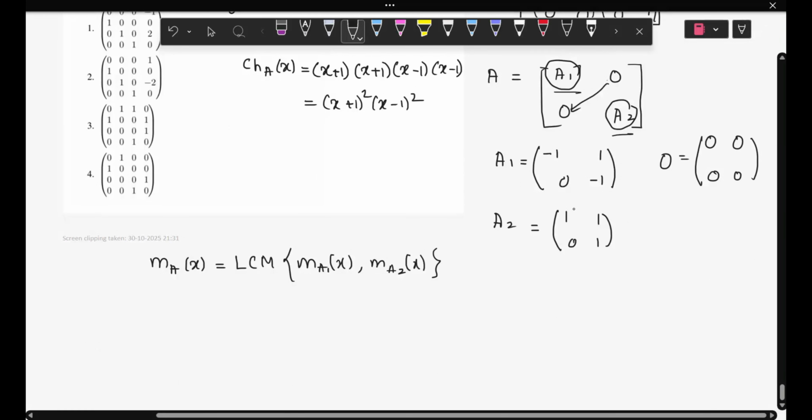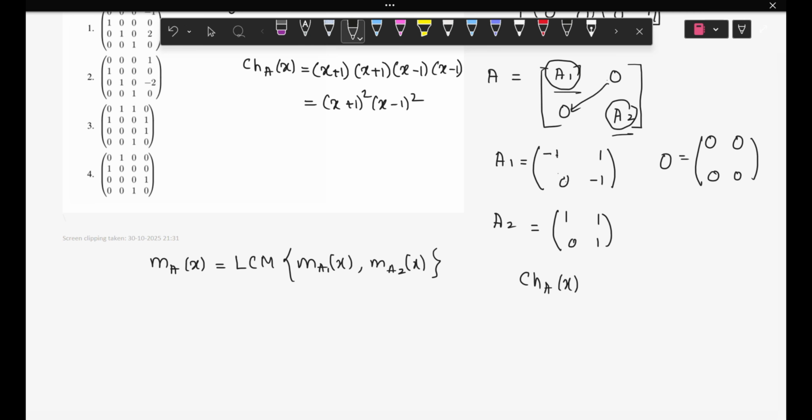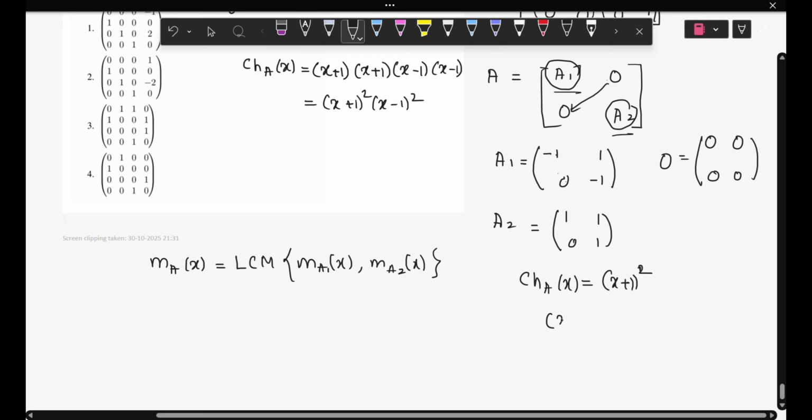Now, the characteristic polynomial of A1, as you can see, A1 is also a diagonal matrix. The characteristic polynomial of A1 would be (x plus 1) whole square. So what are the possible minimal polynomials of A1? The possible minimal polynomials of A1 are x plus 1 or (x plus 1) multiplied by (x plus 1), that is the characteristic polynomial.